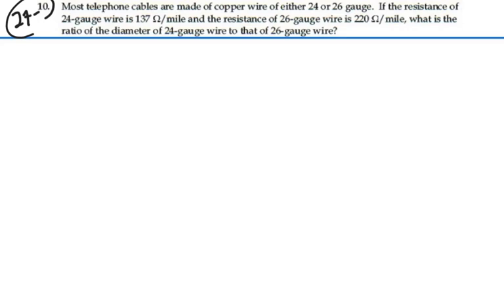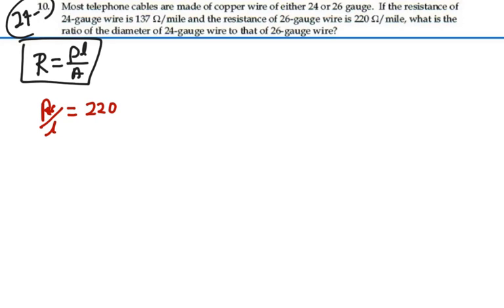Alright, so what are we given? We know that resistance is resistivity times length over area. And in this case we are actually given the resistance per length of, say, the 26 gauge wire, and that was equal to 220 ohms per mile.